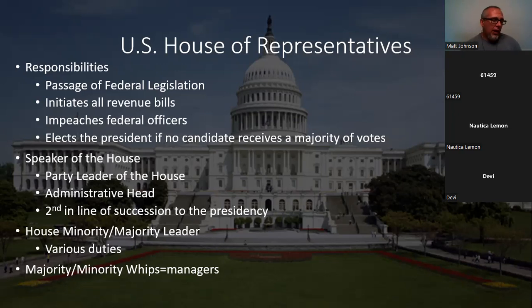And of course, there are various committees, as I mentioned, that are assigned to representatives. Incoming representatives will get assigned to committees. Sometimes there's votes. They punish representatives sometimes when they do stupid things.